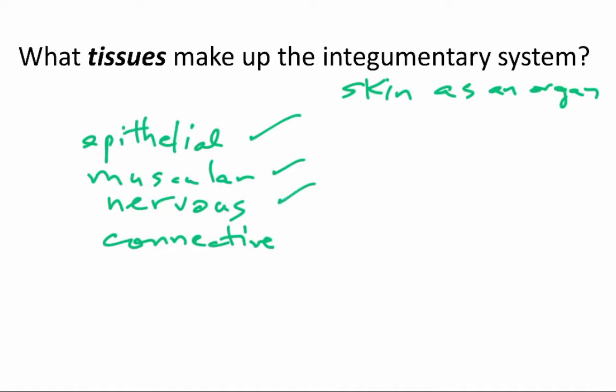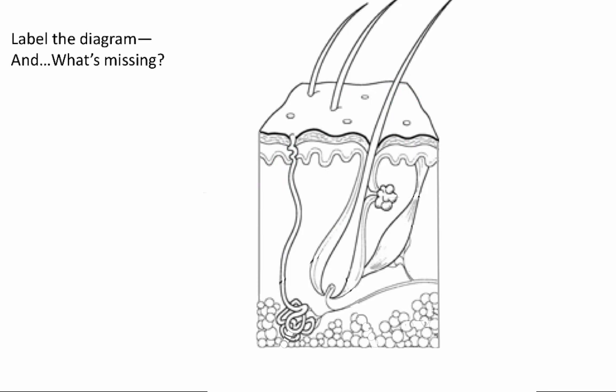And the dermis is fibrous connective tissue. So even without considering a lot of the accessory structures, we can tell that skin is an organ made of all 4 basic tissue types. So one of the things we want you guys to be able to do is to look at a diagram of skin and tell us, be able to label it.